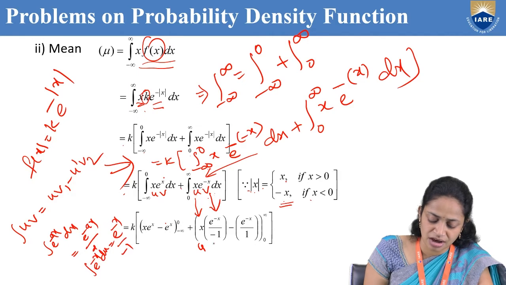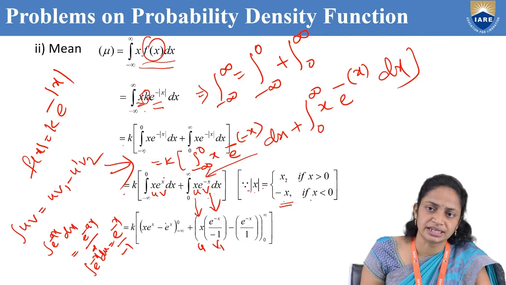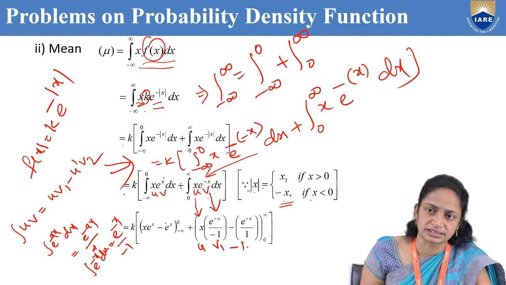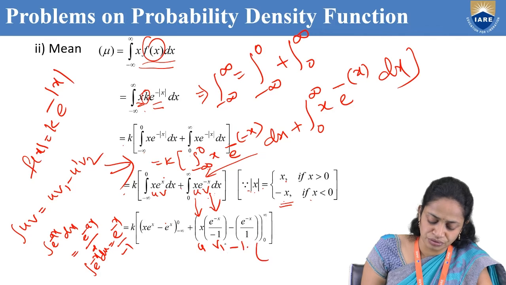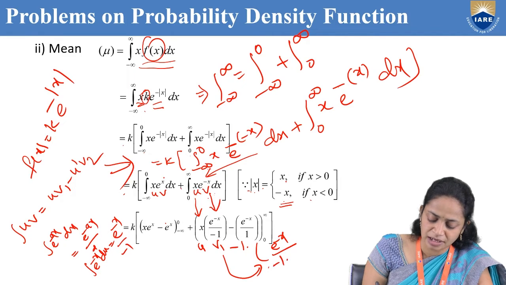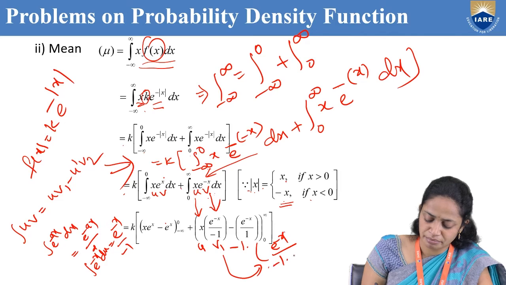That is v1, the first integration, minus u dash, the differentiation of x, that is 1, times v2. Here the integration of e power minus x by minus 1 gives e power minus x by minus 1 again.